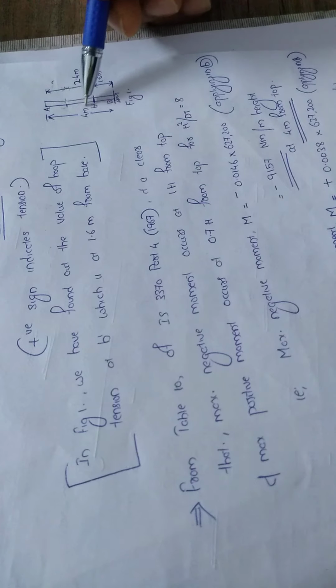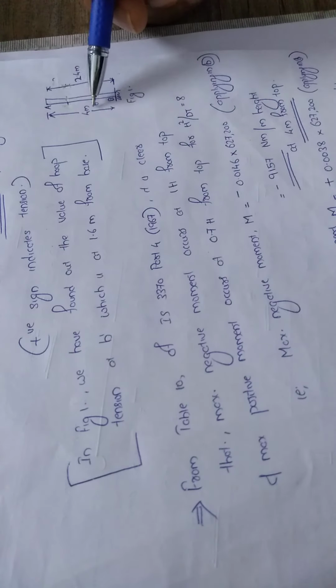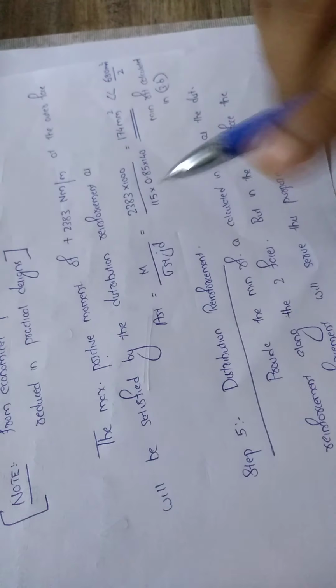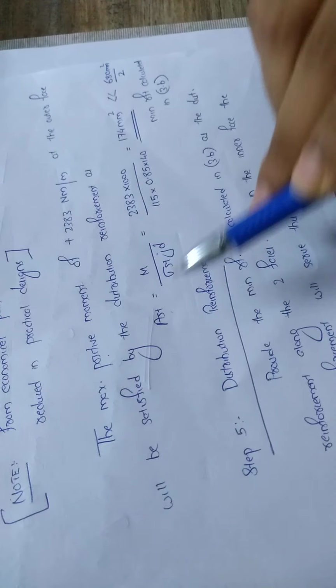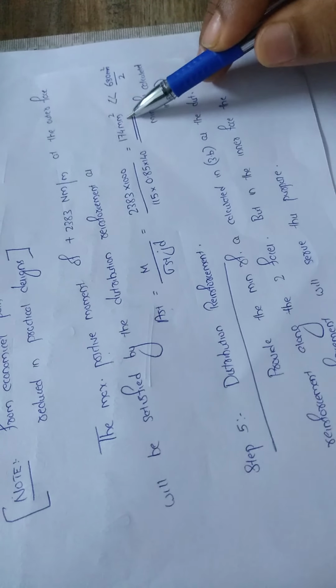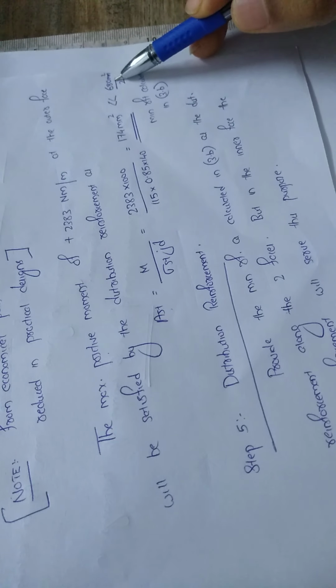So the bending moment will be like this. The maximum negative at the bottom and maximum positive somewhere over here. Okay, but the value is only 2383. So for 2383 the AST required is only 174 mm squared, which is far less than 680 by 2.